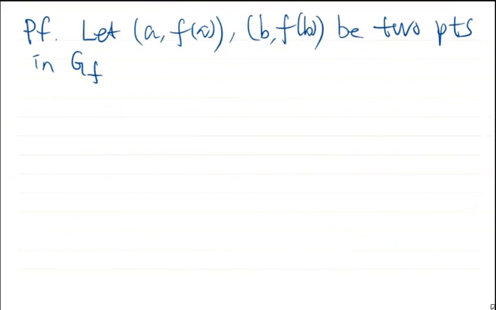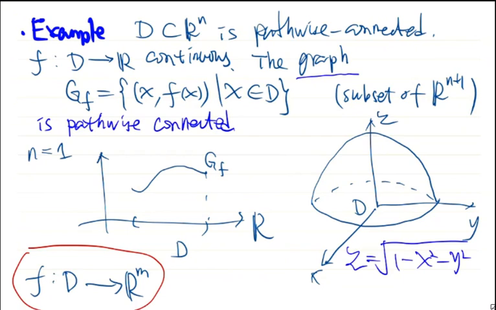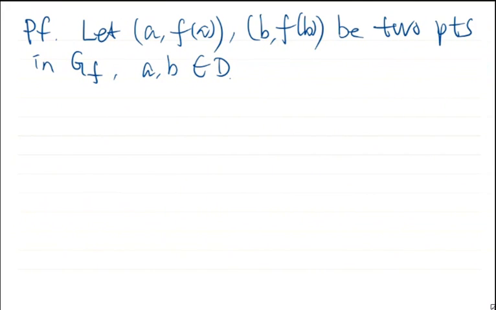Here a and b are points in D. Our condition says that D is pathwise connected. This condition is of course very crucial, so we need to use the pathwise connectedness of the domain of definition D.